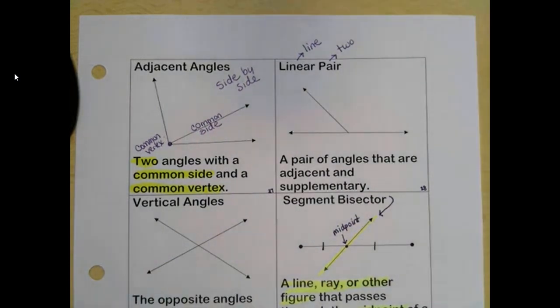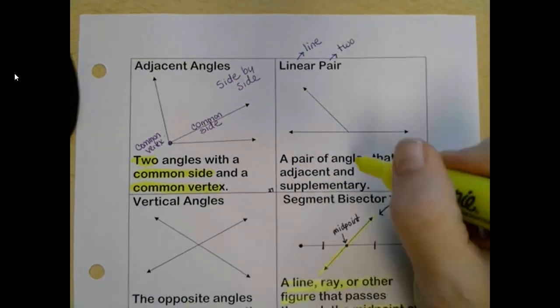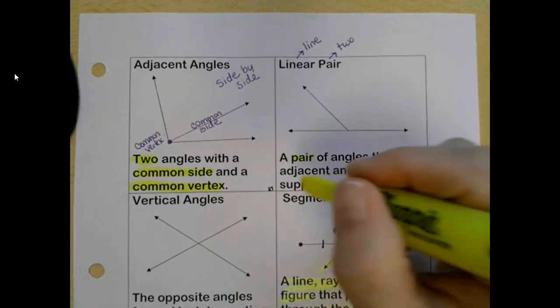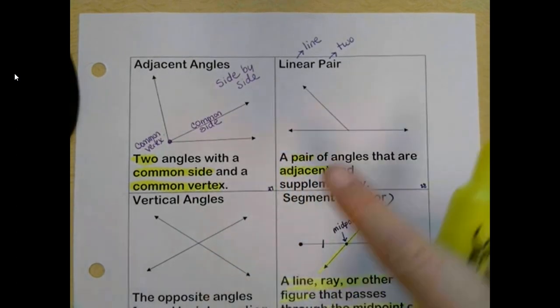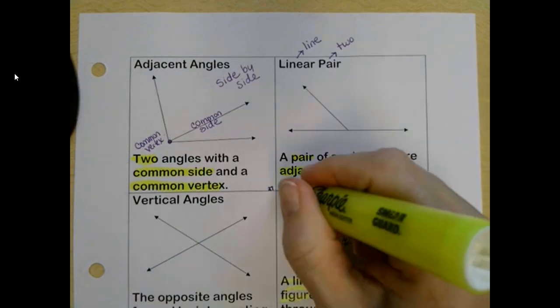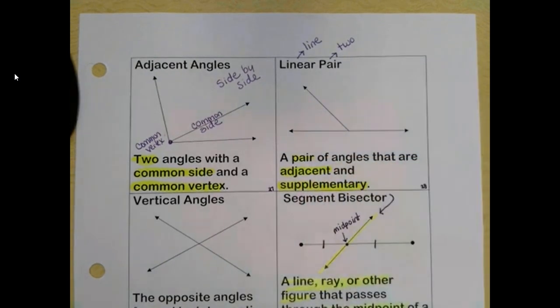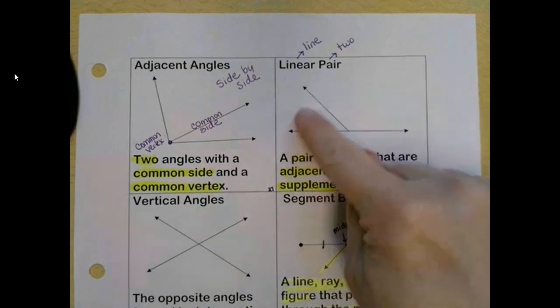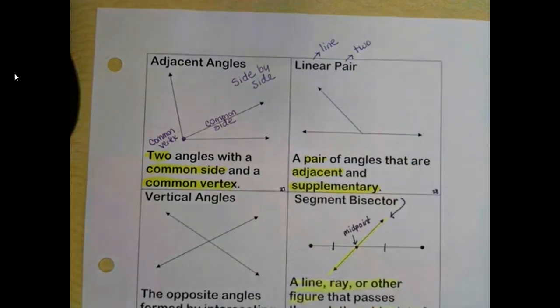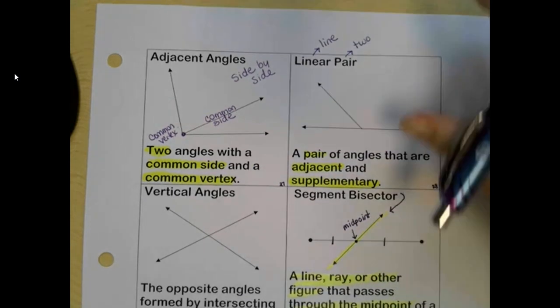The actual definition is a pair of angles that are adjacent, we just learned that word, so they're touching, and they are supplementary, which means they add to 180. That is the official definition of a linear pair. There's not really anything else I need to put on that picture. That is the picture of a linear pair.